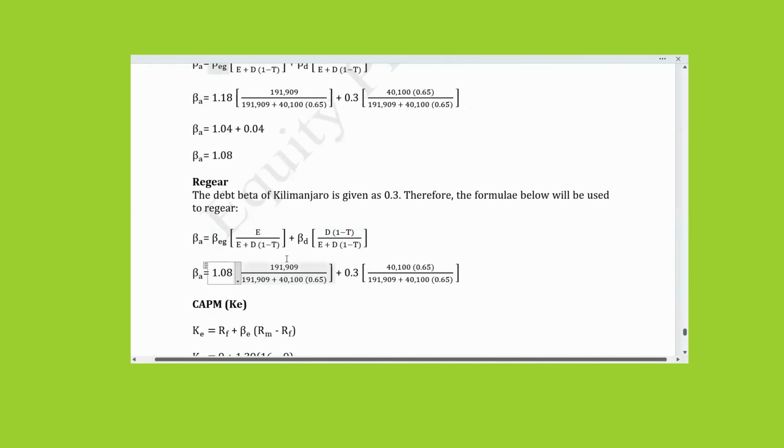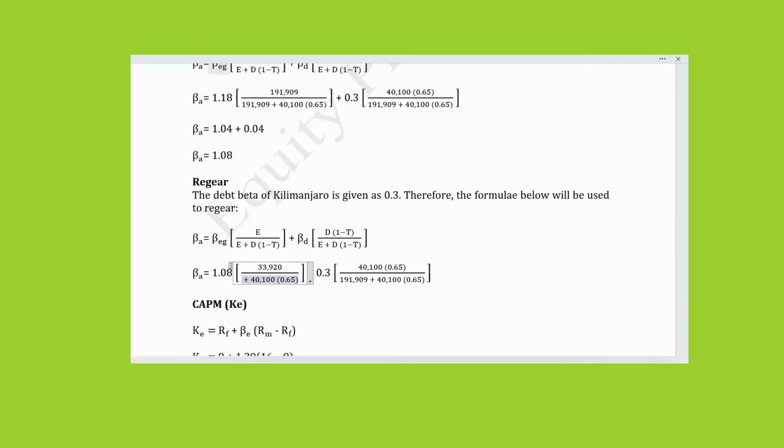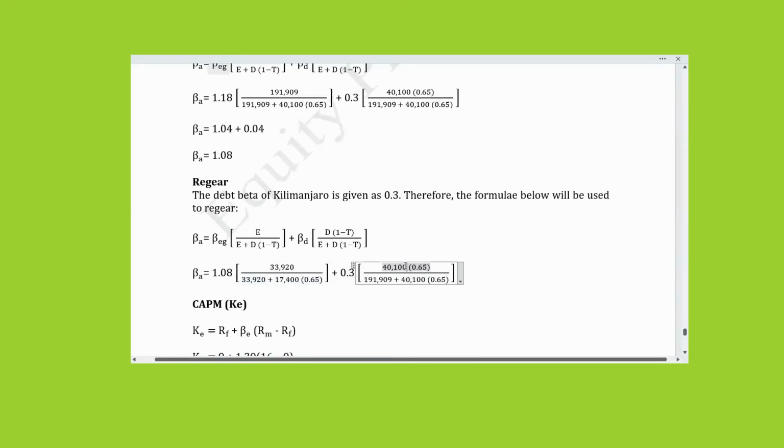Then the equity value of Kilimanjaro is 33,920 over 33,920. The debt value is 17,400. Then, of course, somebody should give me from the left.